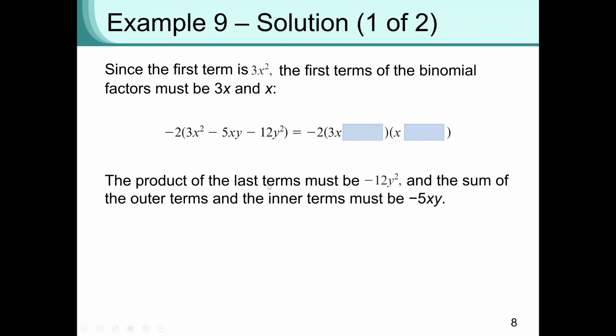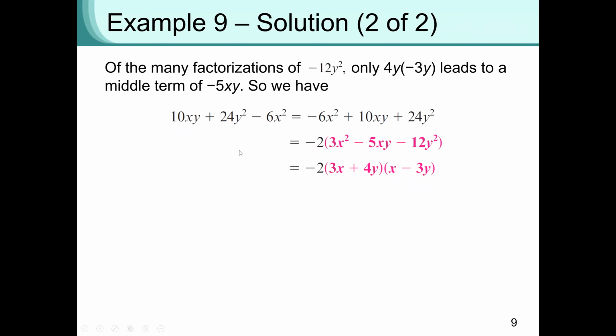Now, the product of the last terms must give the last term, which is negative 12y squared, given here, and the sum of the outer term and the inner term must be minus 5xy. And that's what we did here. So we have 3x before and x. Now, the product of the 2 terms will give us 12y squared, which will be 4y times negative 3y.